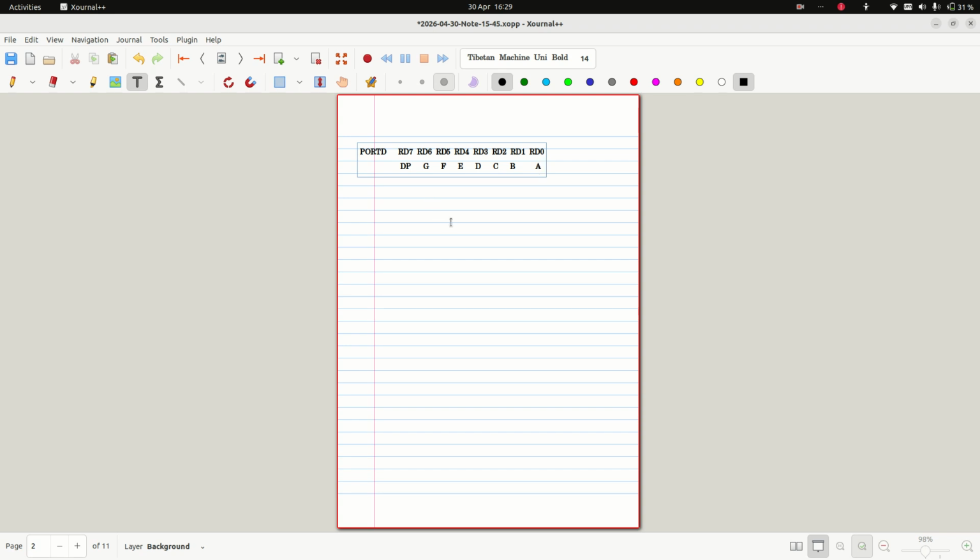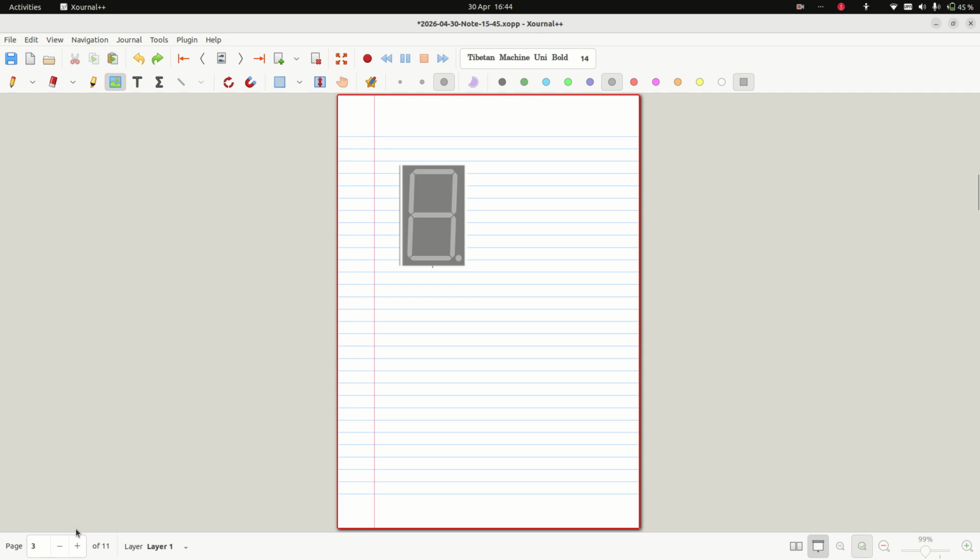Now I want to print 0. How will I do it? So to print 0, we need to consider this particular segment as high, and this one, and this one, then this one.